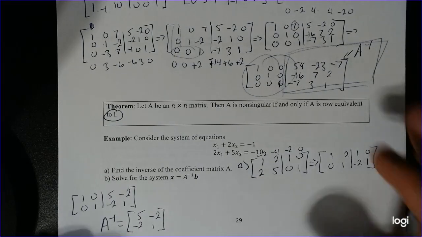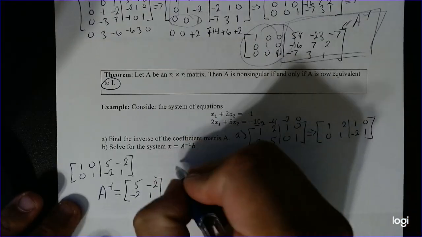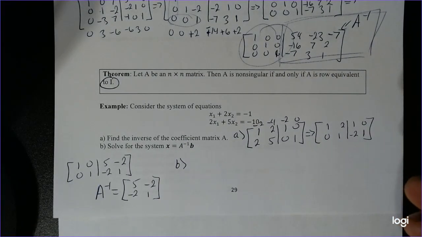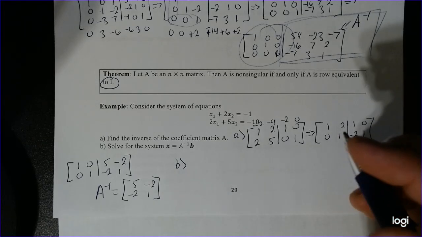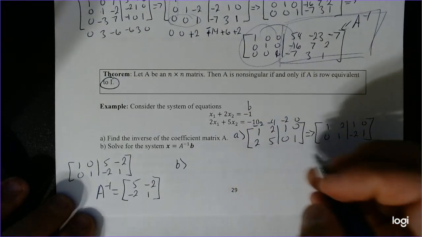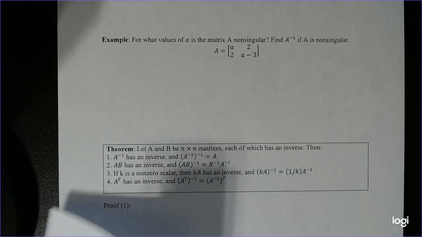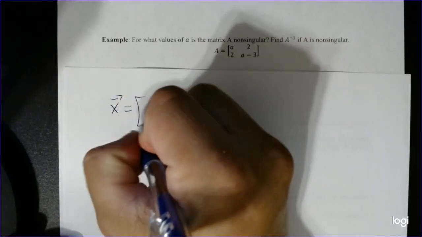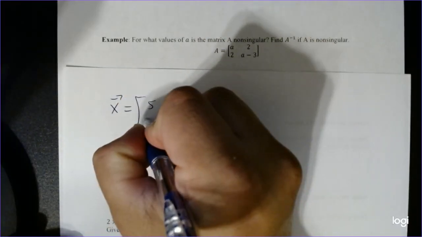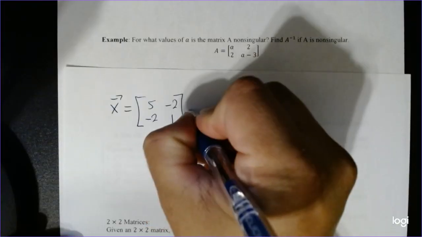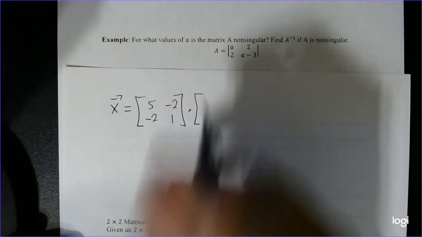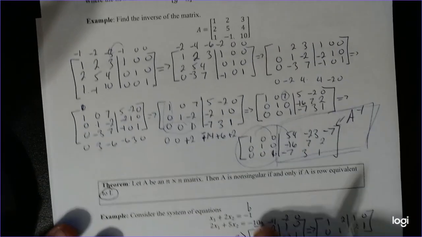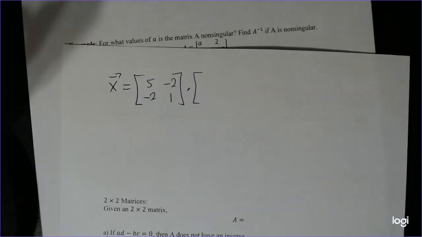Okay. Now, for part B, when we want to solve for this type of problem, all we're going to do is multiply A inverse by our B. So X will equal our inverse times B, which is just the answers themselves, right? So in this case, it's going to be -1 and -10.